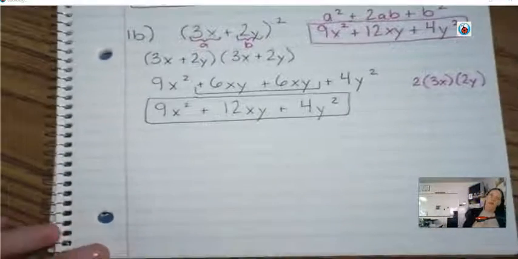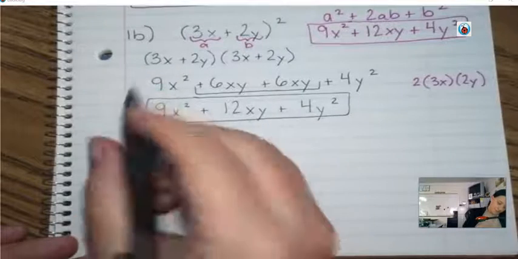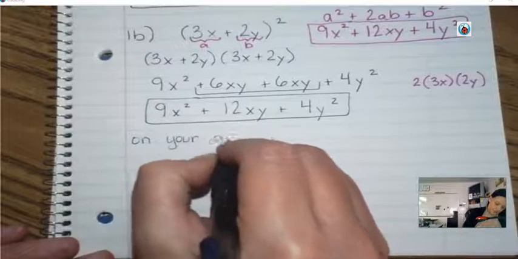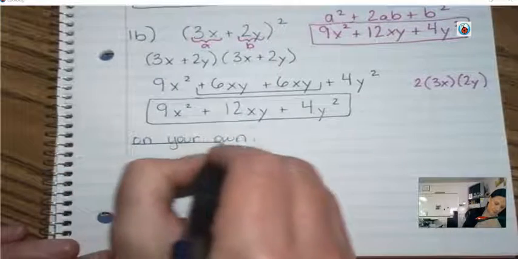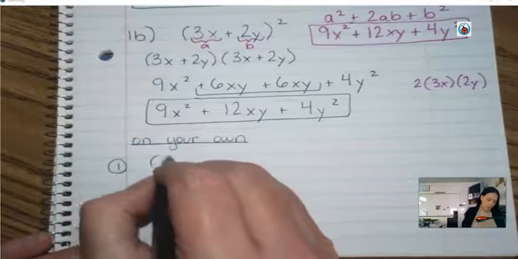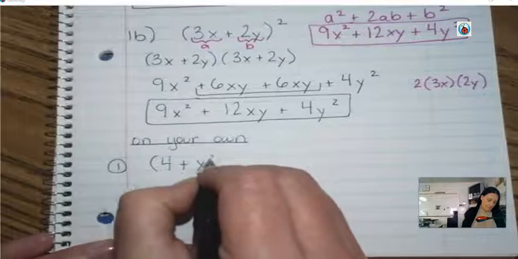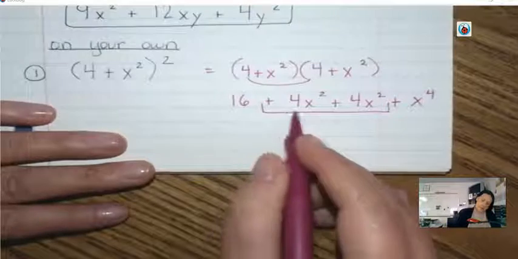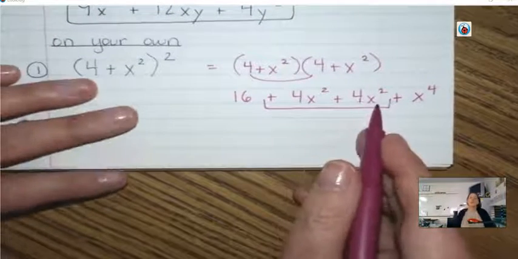Okay, now you're going to be working with your tables. (4 plus x squared), and then square that. 4x squared plus another 4x squared.